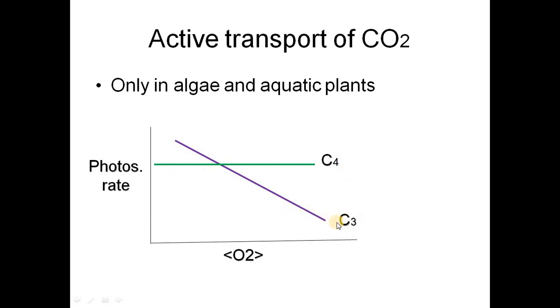So C3 plants, here you see, as soon as the amount of oxygen increases, Rubisco starts to fix oxygen instead of carbon dioxide, and then you will see a sharp drop in the photosynthesis. So more oxygen means the rate of photosynthesis will rapidly fall within the C3 plants.